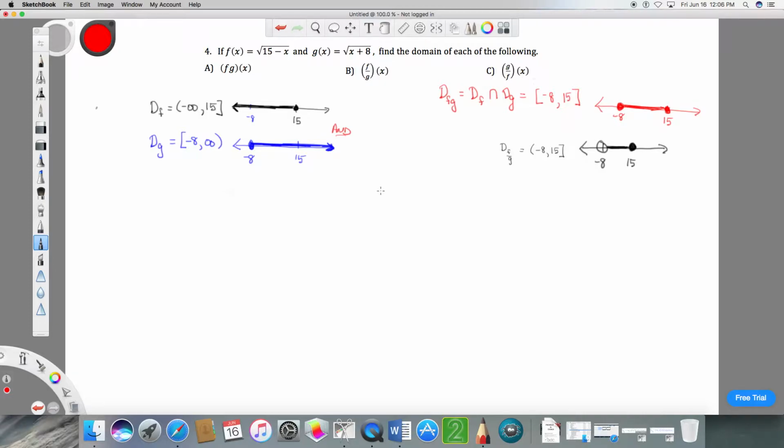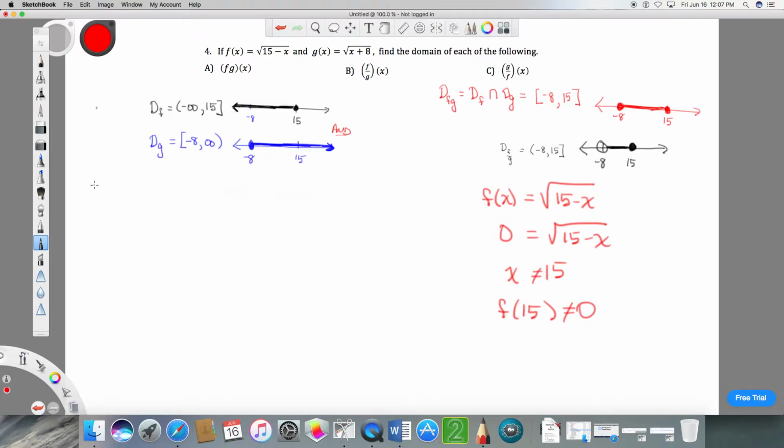So f of x is the expression the square root of 15 minus x, and we do not want this expression to equal 0 because it's in a denominator, but we temporarily let it equal 0 just so that we can solve the equation. And this solves to x is equal to 15, which tells us that f evaluated at 15 is equal to 0. We need to avoid that because f is in a denominator. So to avoid getting a result of 0, we have to avoid the input of 15.